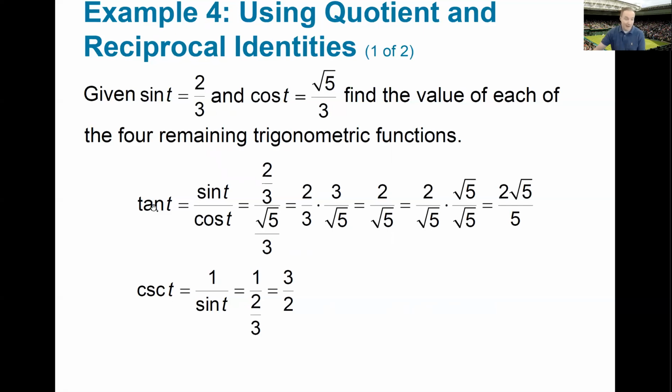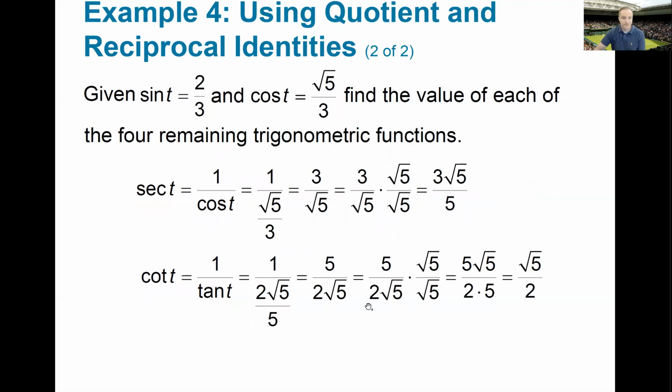I also know that the tangent is just the ratio of the sine over the cosine, so I could take the sine value, divide it by the cosine value, and that simplifies down to 2 over the root of 5, which I rationalize and call 2 root 5 over 5. For the cosecant, it's just the reciprocal of the sine, so it's going to be 3 over 2. For the secant, it's the reciprocal of the cosine, which gives 3 over the root of 5, and then rationalizing that, 3 root 5 over 5.